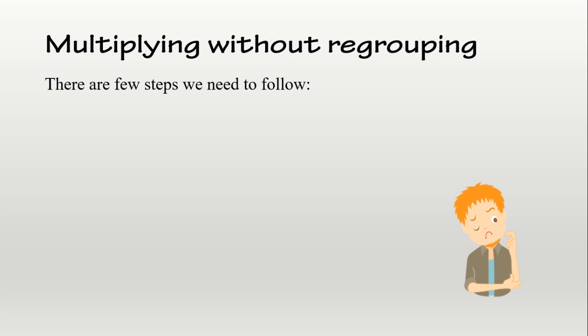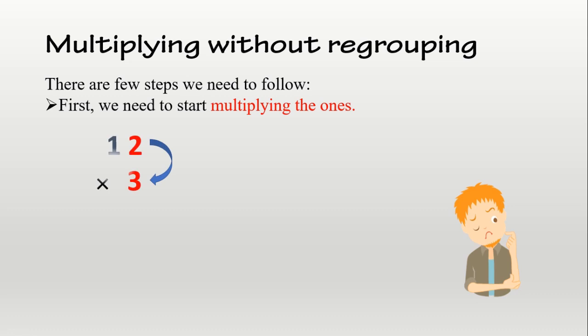When we multiply, there are a few steps we need to follow. First of all, we need to multiply the number in the ones place value with the multiplier.